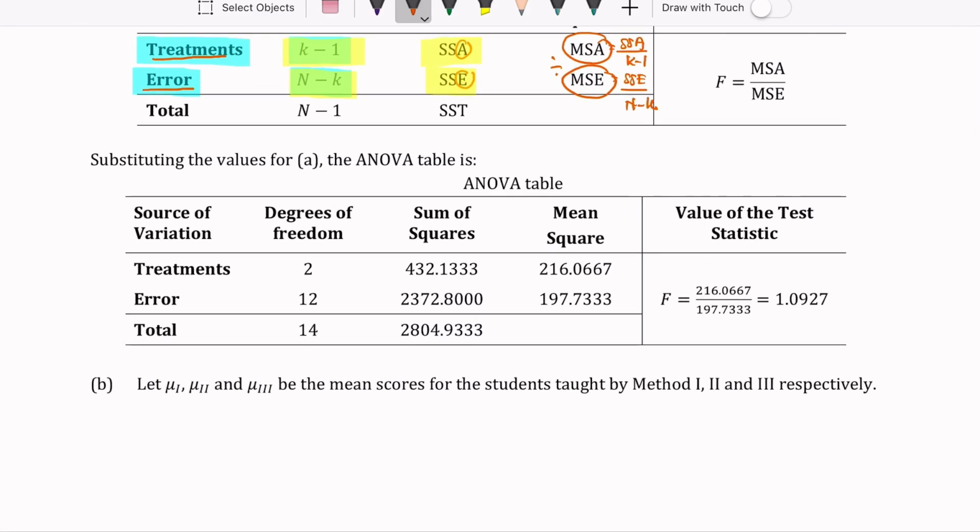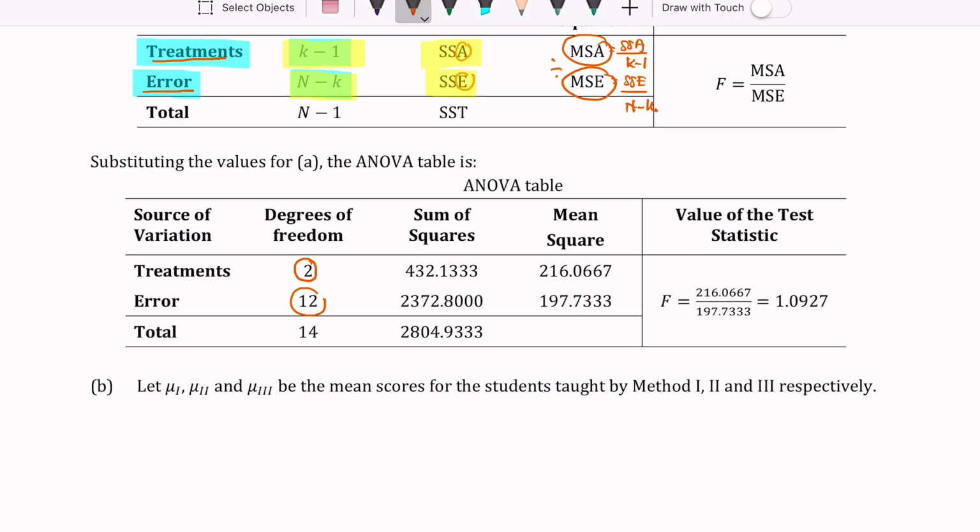For the treatment degree of freedom, we have K minus 1. Since we have 3 groups, minus 1, we have 2. Degree of freedom of error is N minus K. The total sample size is 15 minus 3, then we have 12. And total N minus 1, 15 minus 1 is 14.